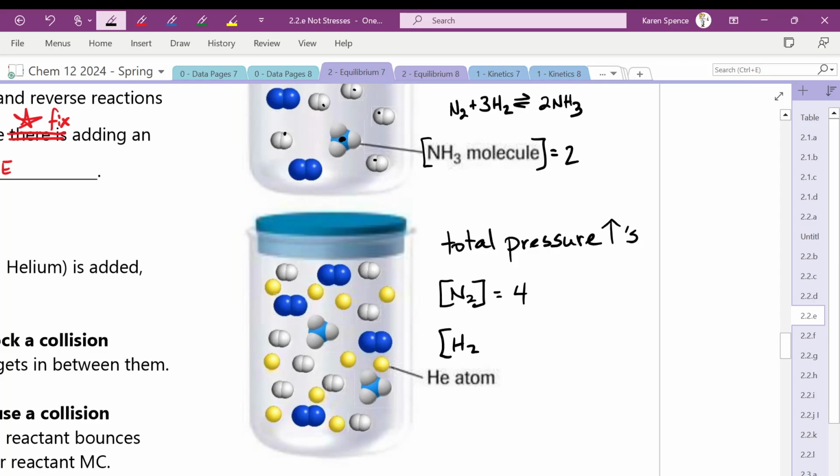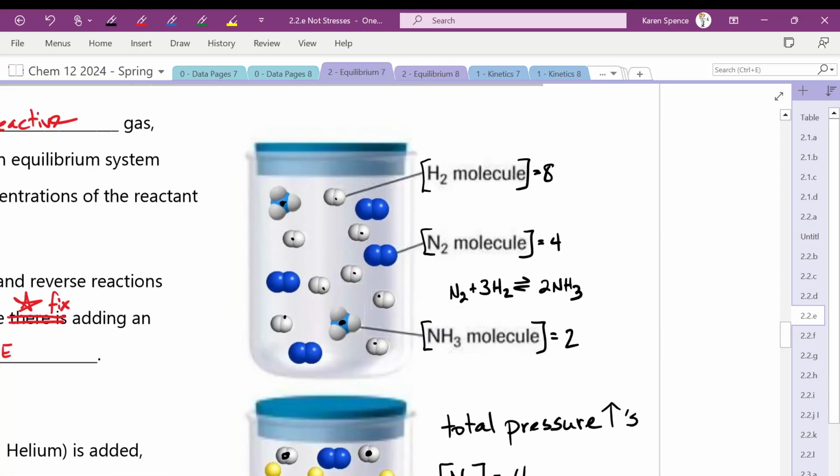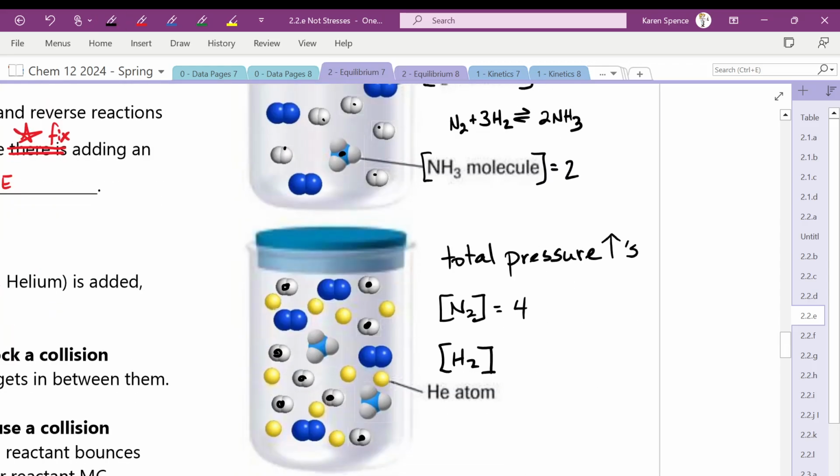Concentration of H2, which is the white molecule, we can go through and count. We got 1, 2, 3, 4, 5, 6, 7, 8. How many did we have before? We had 8. All right, and the concentration of NH3 is still 2. There's 1 here and 1 here.